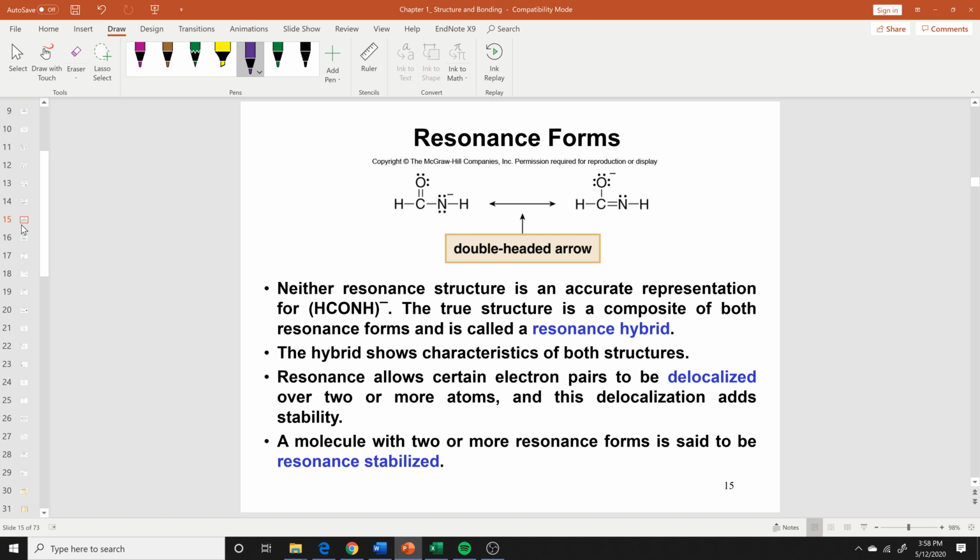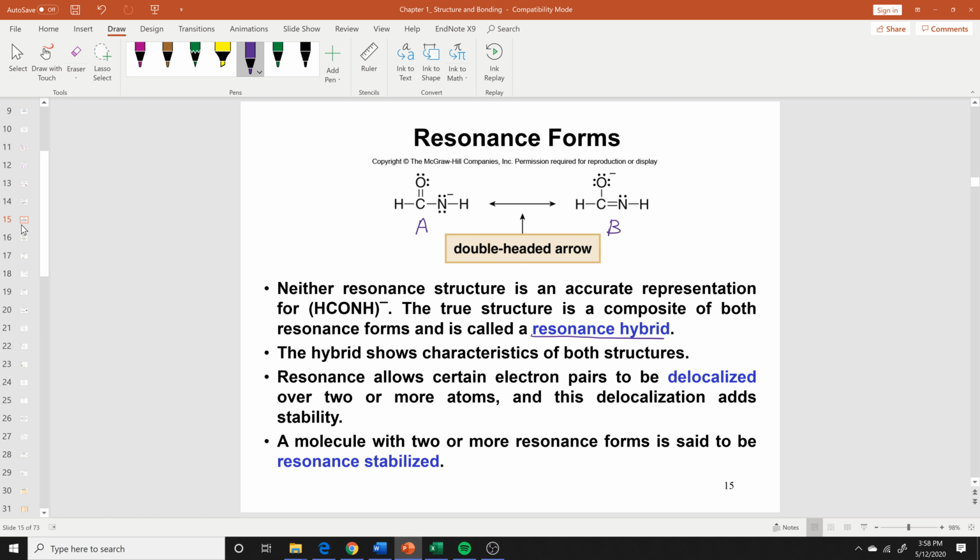To represent those resonance forms, we're going to use a double head arrow between them, just to show electrons move from one structure to the other. The true resonance structure is the combination of Lewis structure A and Lewis structure B, which we're going to call the resonance hybrid.